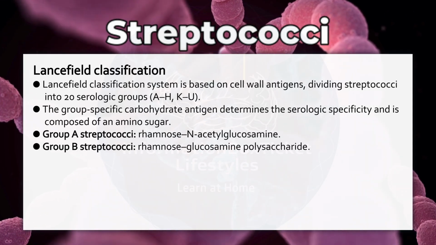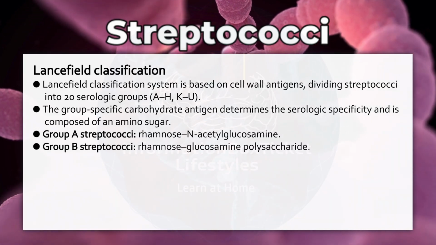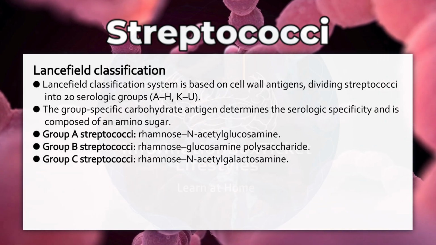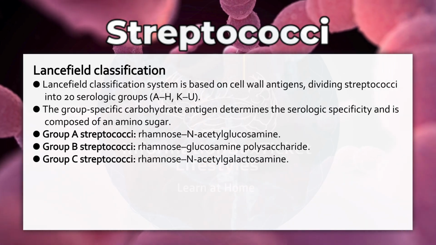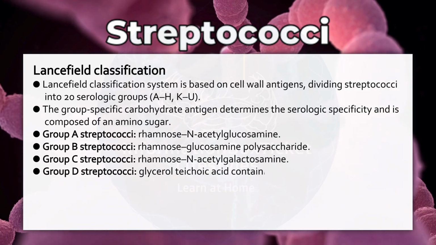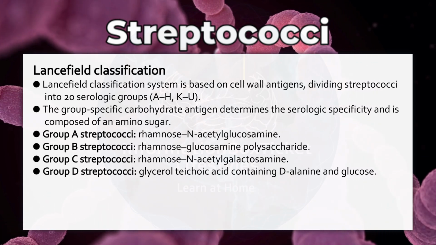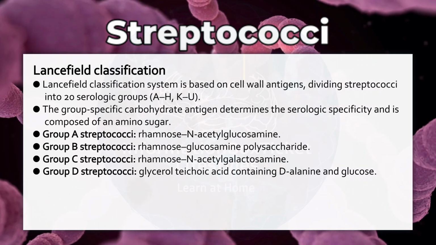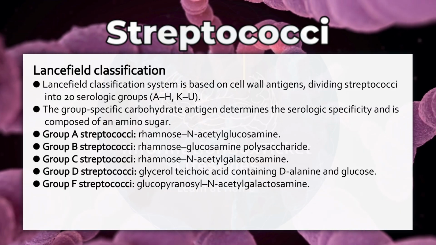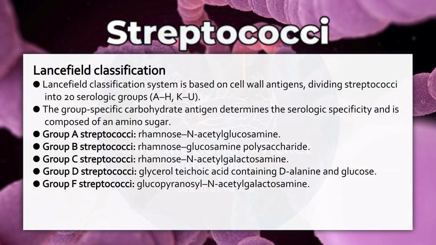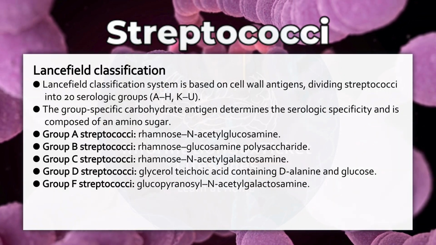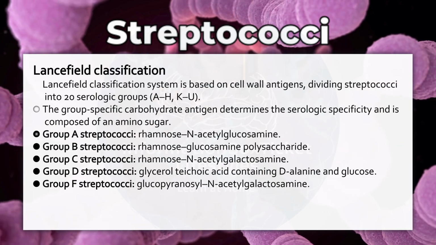Group B Streptococci: rhamnose-glucosamine polysaccharide. Group C Streptococci: rhamnose, N-acetylgalactosamine. Group D Streptococci: glycerol teichoic acid containing D-alanine and glucose. Group F Streptococci: glucopyranosyl N-acetylgalactosamine.